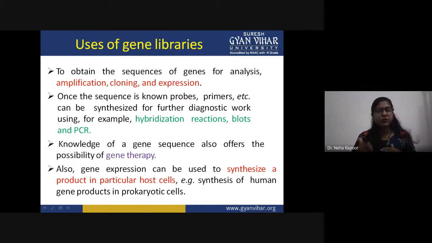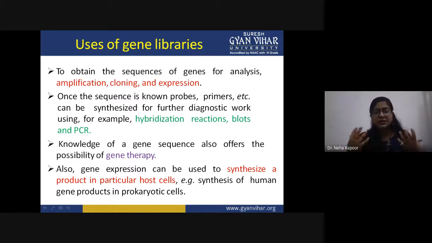Talking further about the many uses of these gene libraries: if you want to obtain the sequence of a gene for analysis, or amplify a particular DNA fragment, or clone a particular DNA fragment, or study expression profiling, in that case we construct a genomic library of a particular organism or genome, and then we use those clones for sequencing, amplification, cloning, and expression purposes as per our desire.